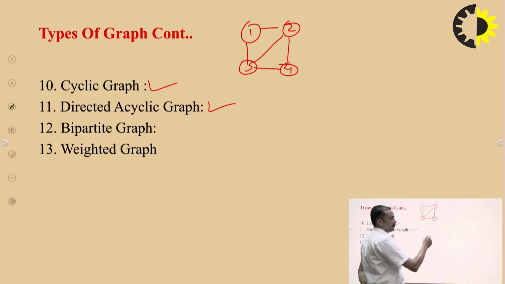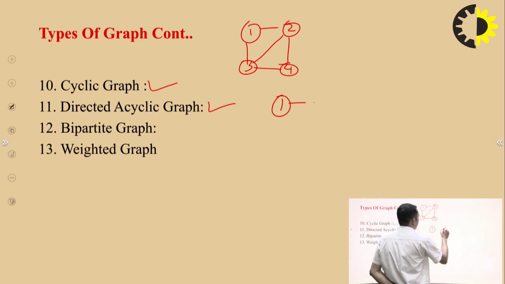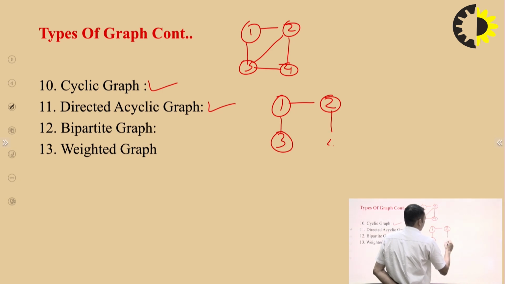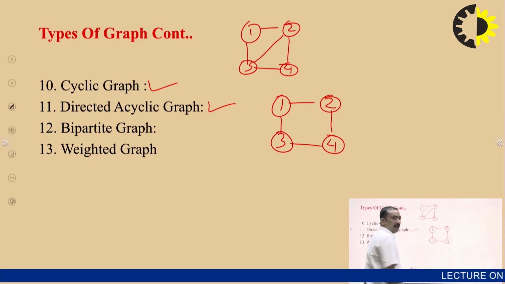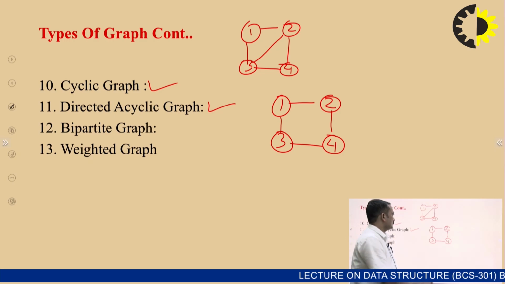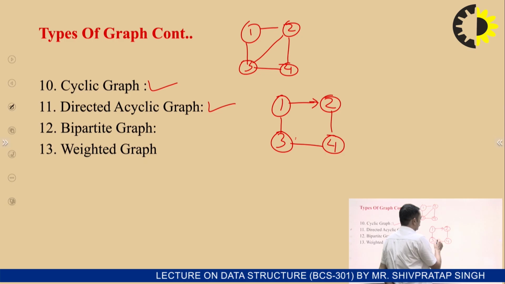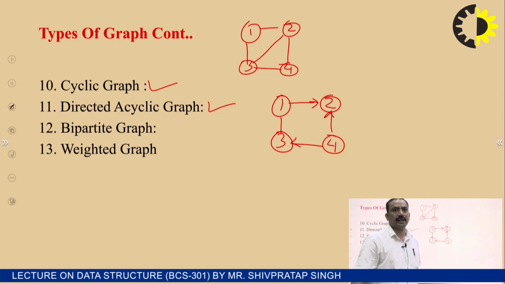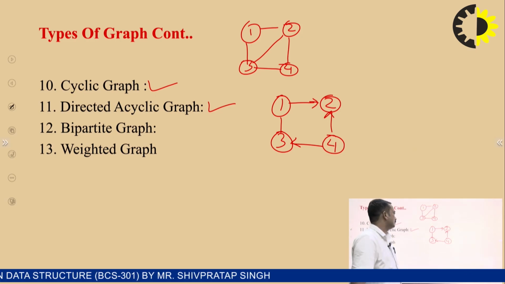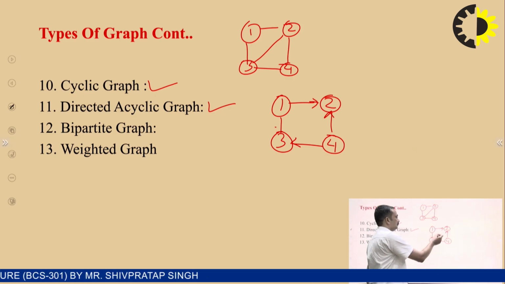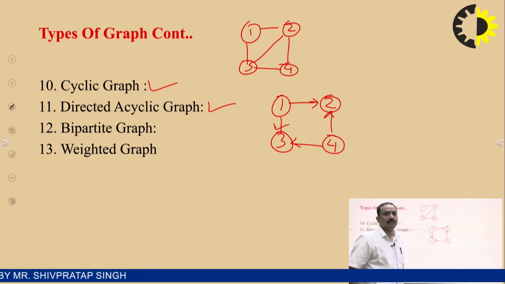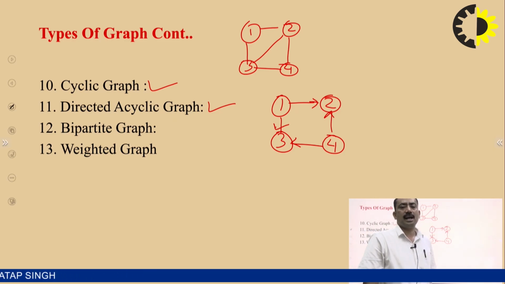Like if we say in this graph there is no cycle, it is called a directed acyclic graph.